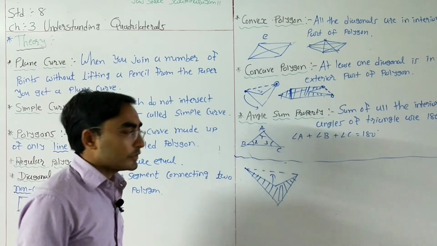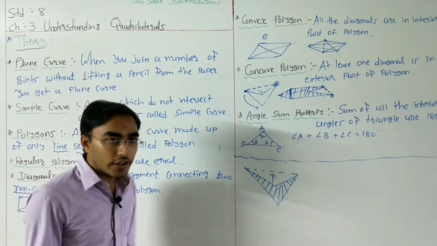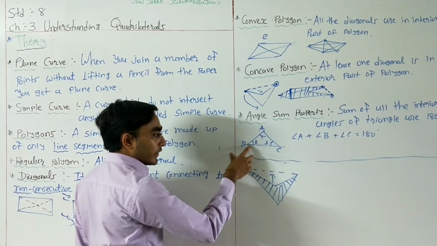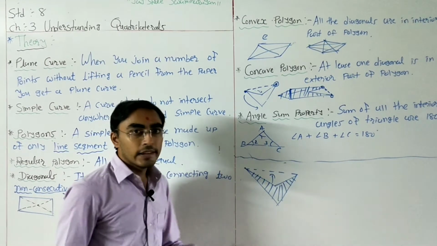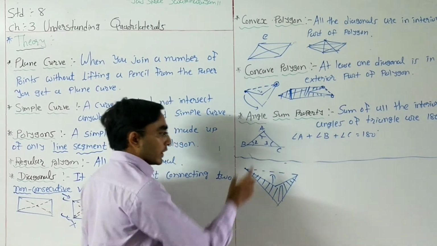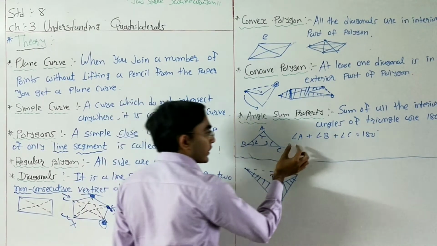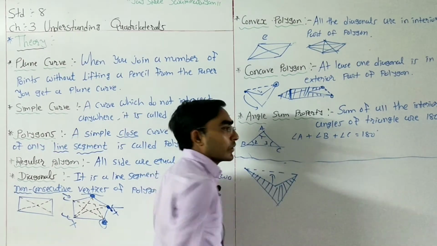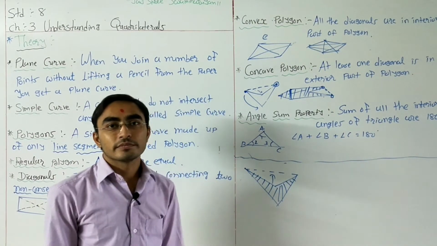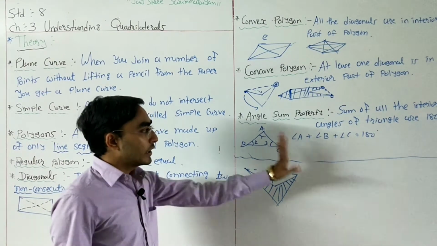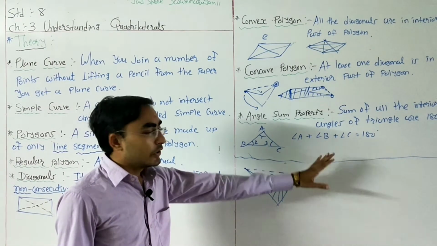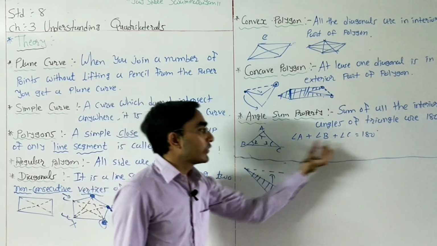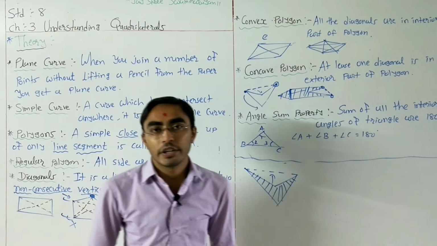Inside the triangle, it is called interior angle. So here we have 3 angles. This is called angle A, this is angle B, this is angle C. What is the property? Angle A plus angle B plus angle C is equal to 180 degrees.